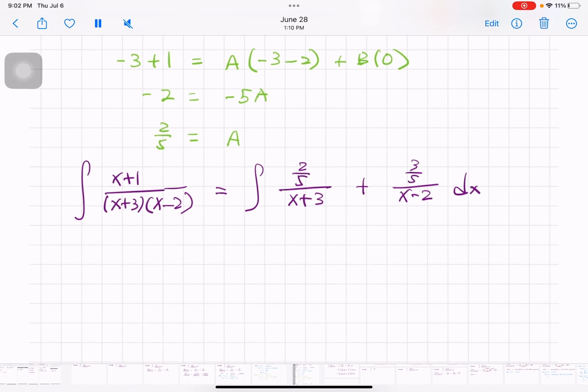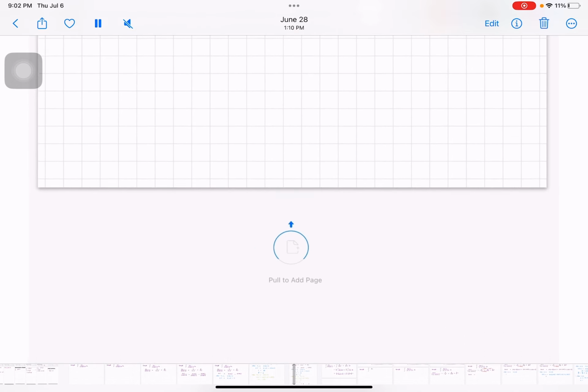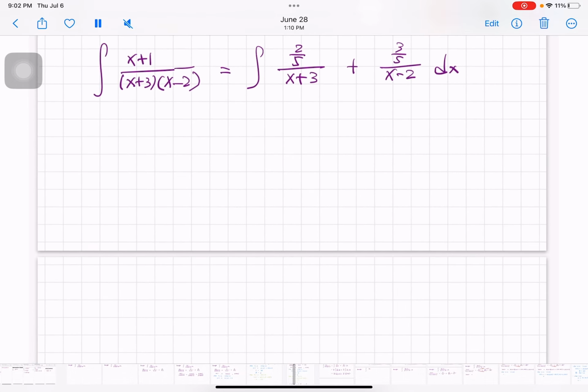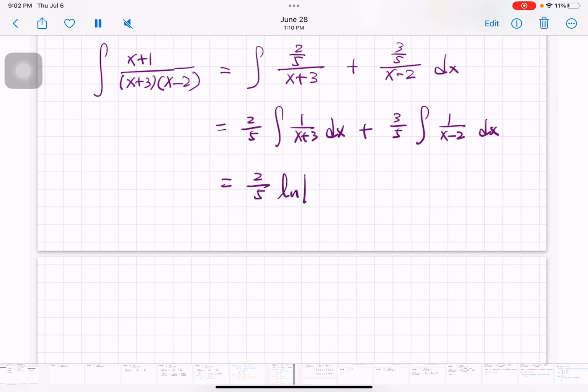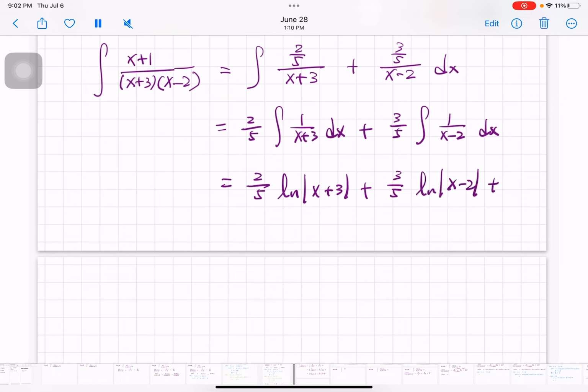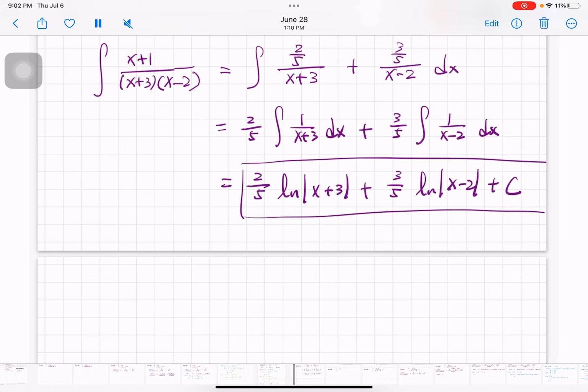Both terms are easy to integrate, which gives ln of x plus 3 and ln of x minus 2. Remember that because of the domain situation, we do need to keep the absolute value symbol for the ln's.